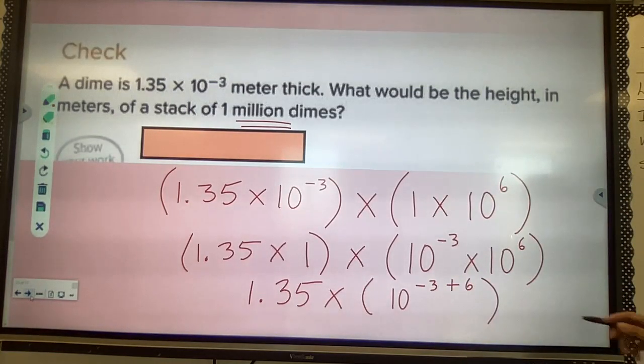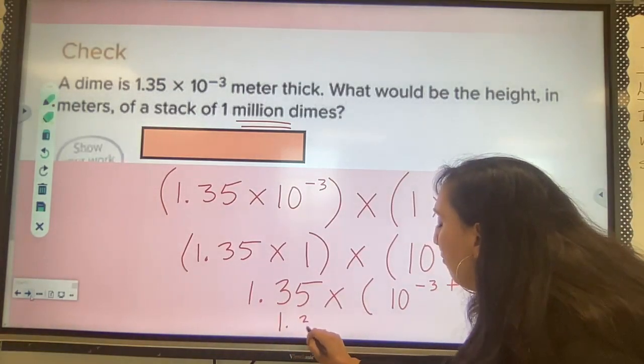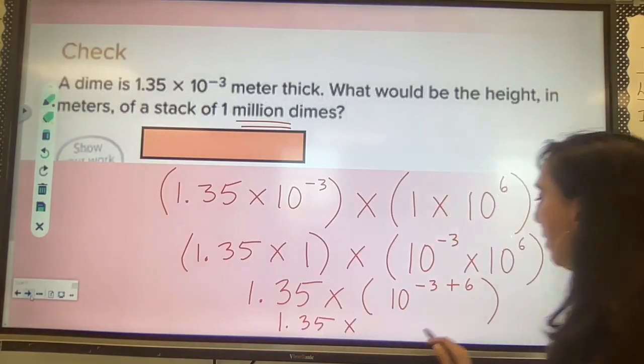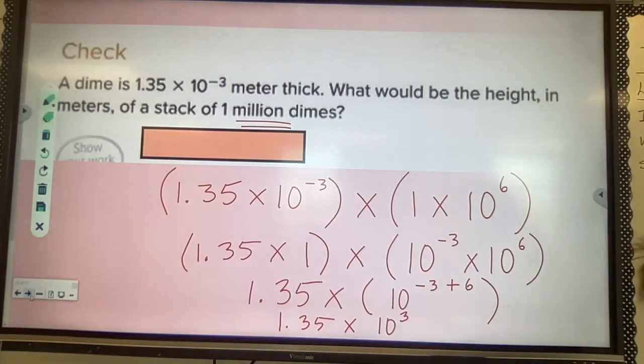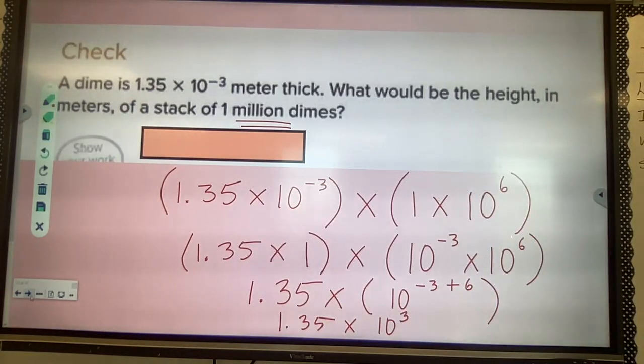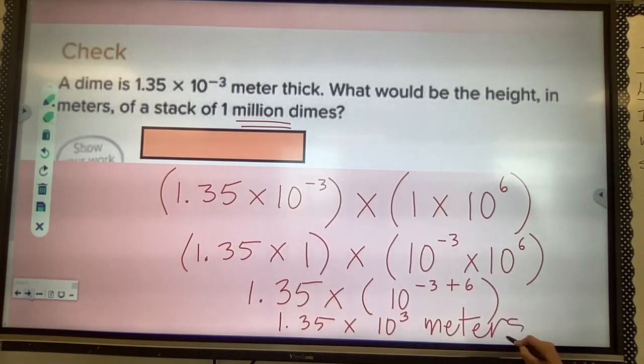And then when I'm seeing these are opposite signs, I'm left with 1 and 3500 times, what is 6 minus 3? It is 3. So 10 cubed meters. Okay, so this is my answer in scientific notation.